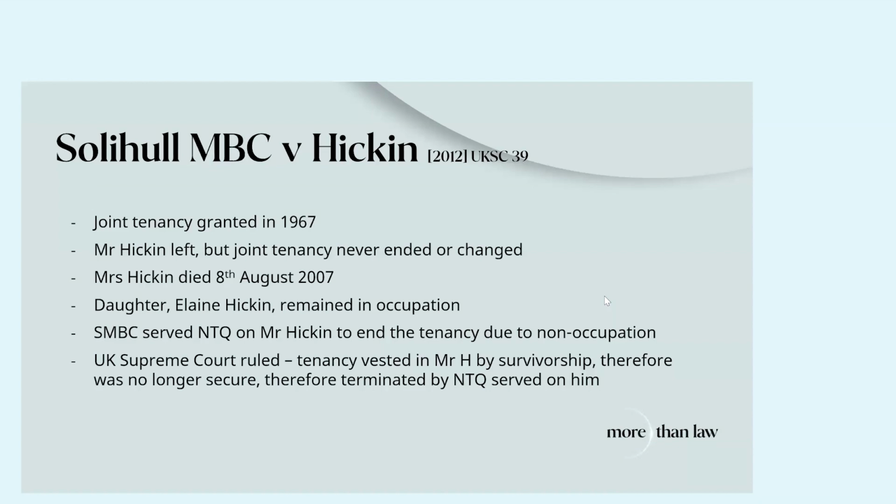That's the obvious one, but there can be other circumstances, and one of them is expressly stated in the statute: where there has been a joint tenancy and it has vested in the current or the recently deceased tenant by way of survivorship, then they are deemed to be a successor for the purposes of the statute and any future successions, even if it was not technically a statutory succession properly so called. So that's just a question of statutory terminology.